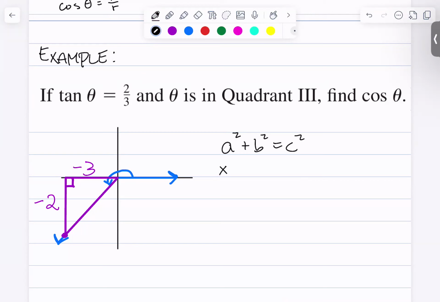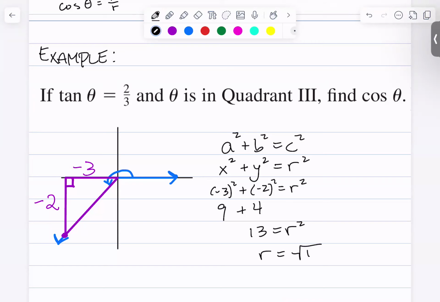I'm going to put a, b, and c in terms of x, y, and r. Okay? So x squared is negative 3 squared plus y squared is negative 2 squared equals r squared. 9 plus 4, which is 13, equals r squared. So r is the square root of 13.